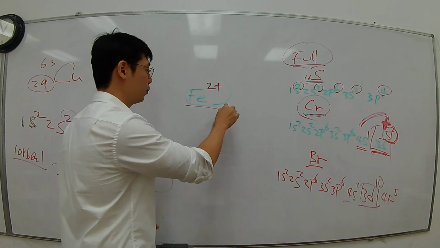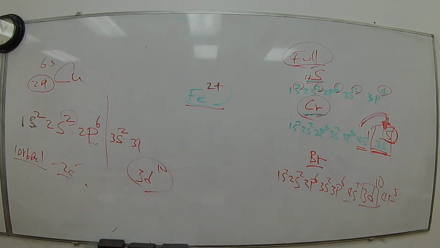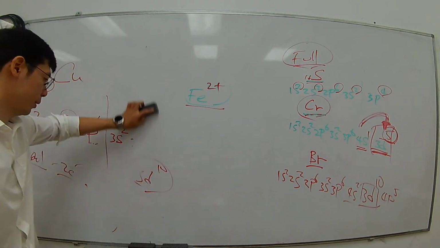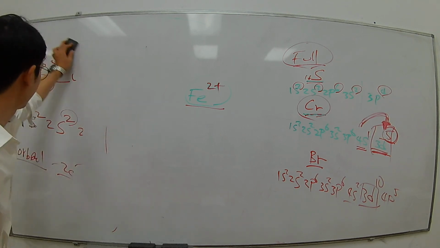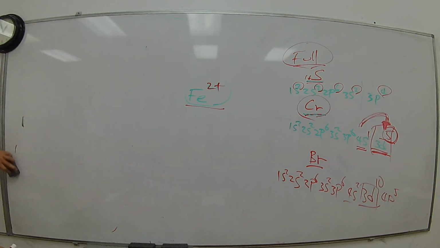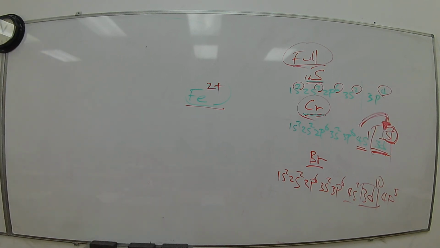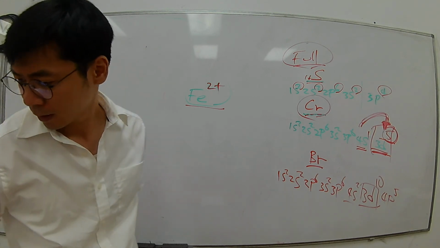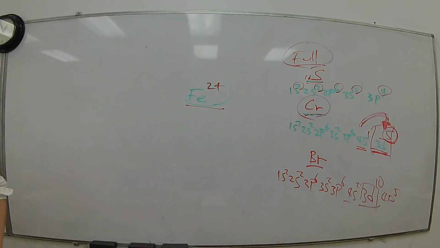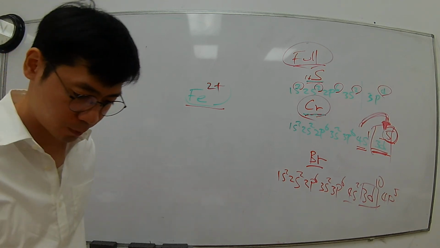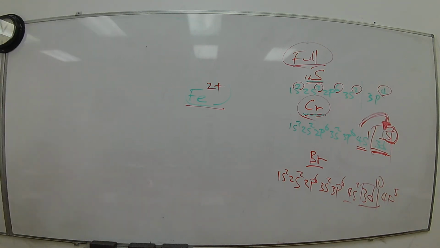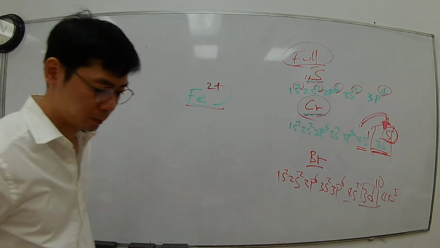Write the configuration for Fe2+ and see what it is. Fe is number 26, by the way, to the right of the Cr, chromium.